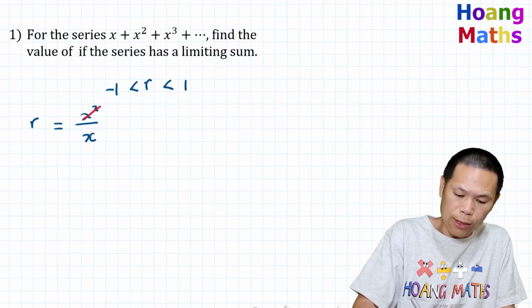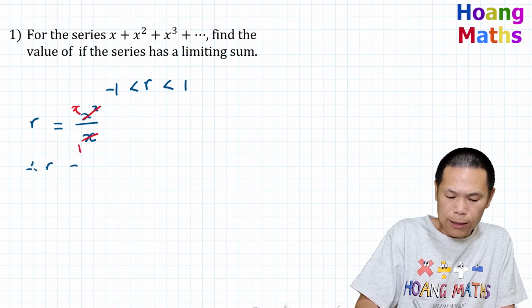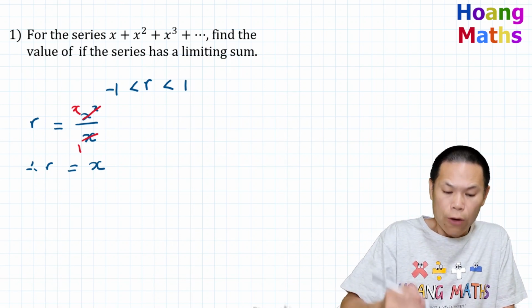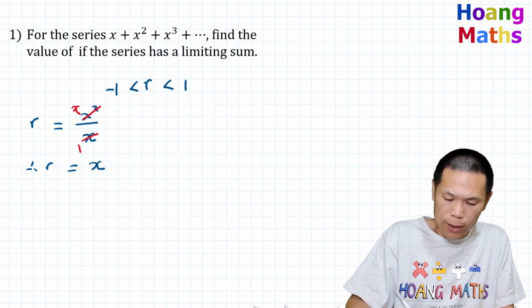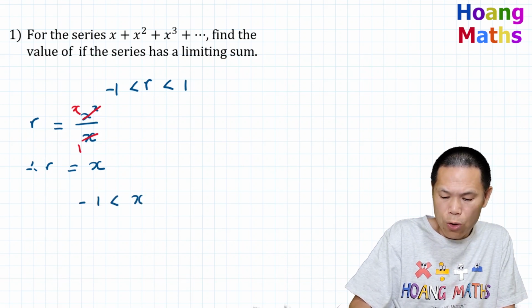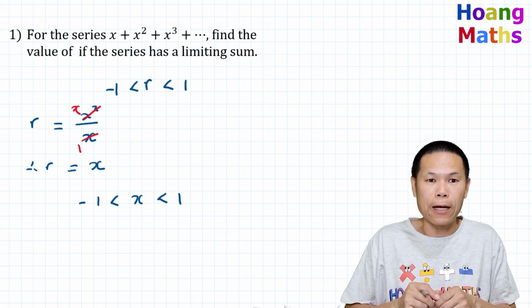So we can cancel this out, which is x over 1. So therefore, r is equal to x. So this means that the condition for the limiting sum to exist is when x is greater than -1 or less than 1. So there you go. That's the answer.